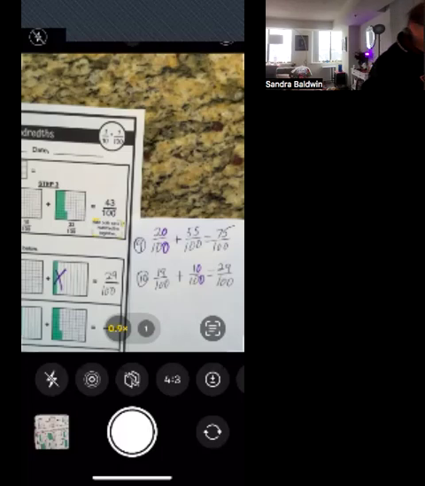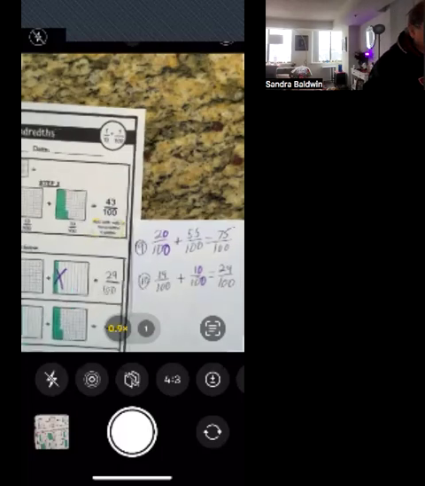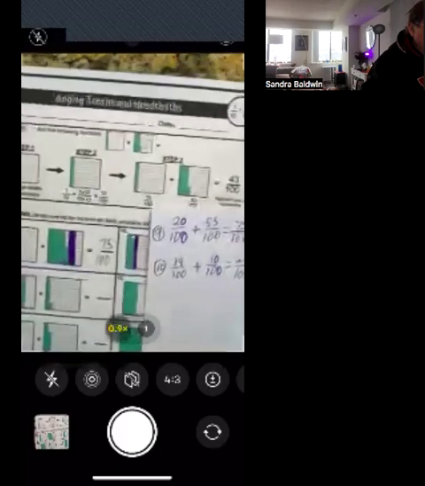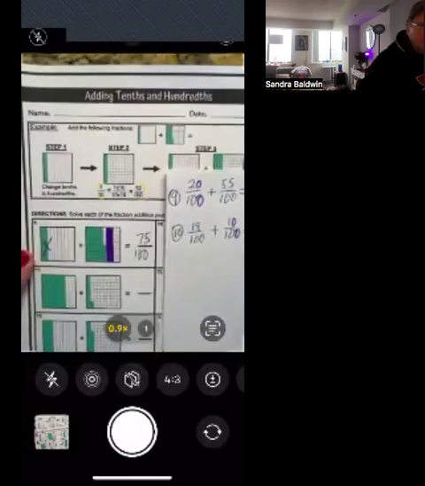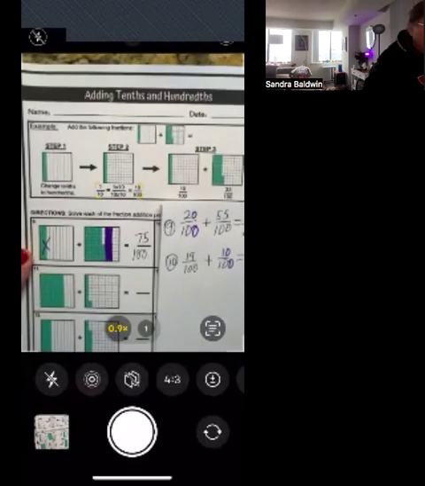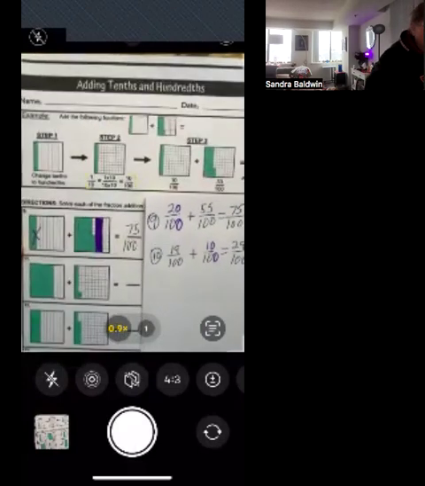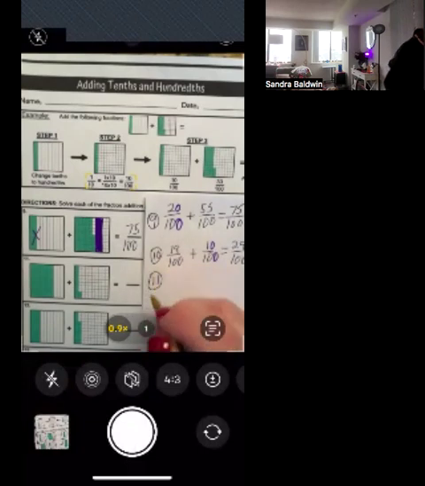Okay, with number 11, make sure that my camera is picking up what I want it to pick up. All right, so for number 11, I've got 7/10.